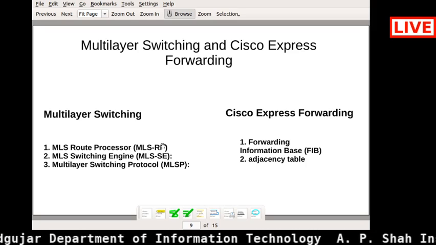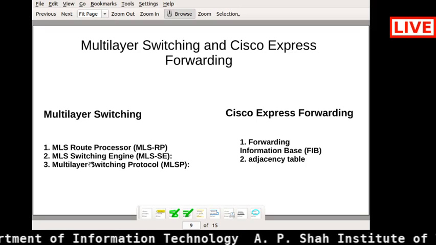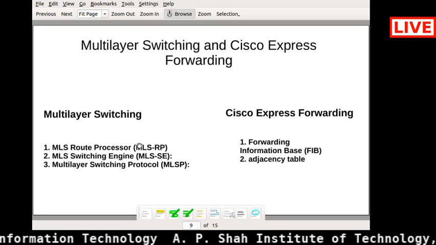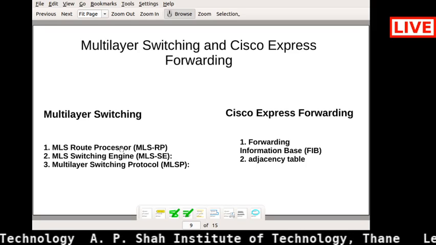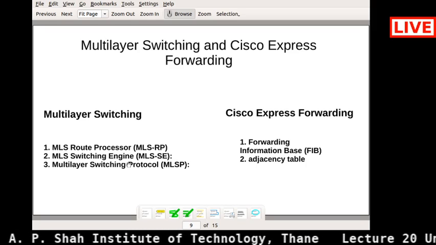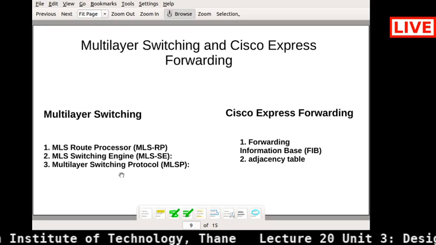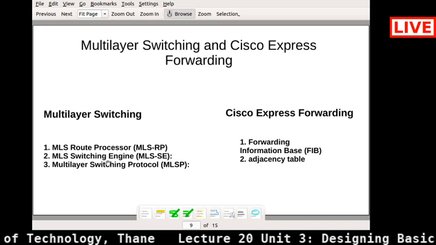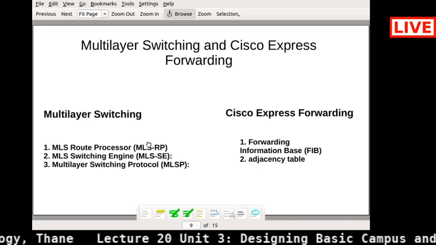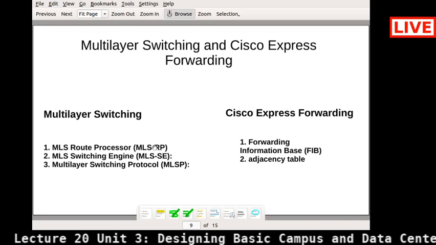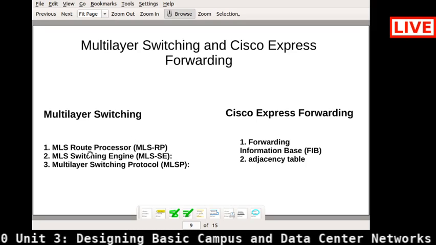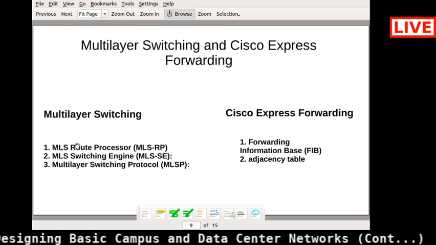Routing transfers your packet from one route to another, so between subnets or different networks, you use this route processor for multi-layer switching.